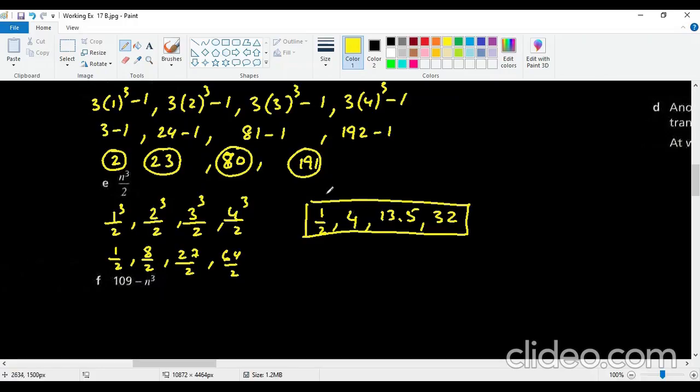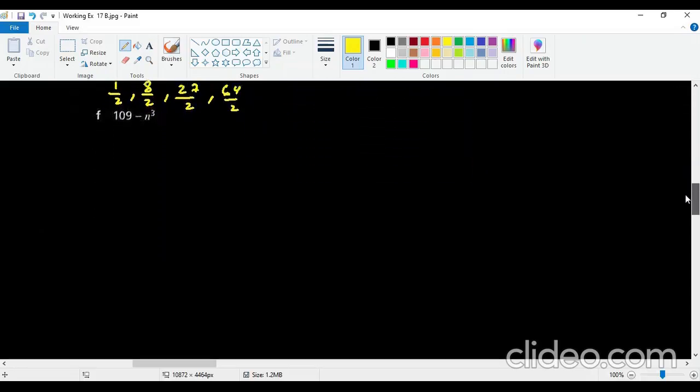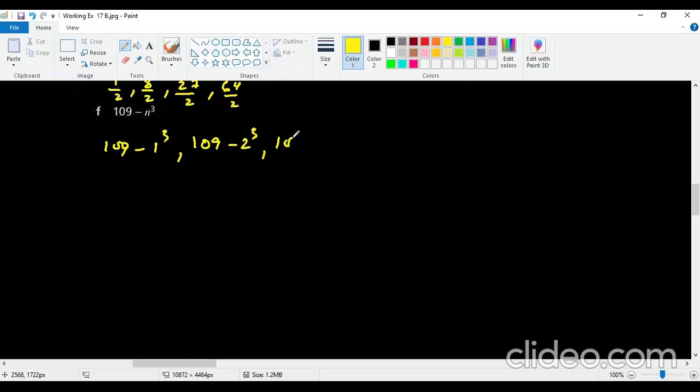Now comes 109 minus n cube. So 109 minus 1 cube, 109 minus 2 cube, 109 minus 3 cube, and 109 minus 4 cube. So this gives you 109 minus 1, 109 minus 8, 109 minus 27, and 109 minus 64.